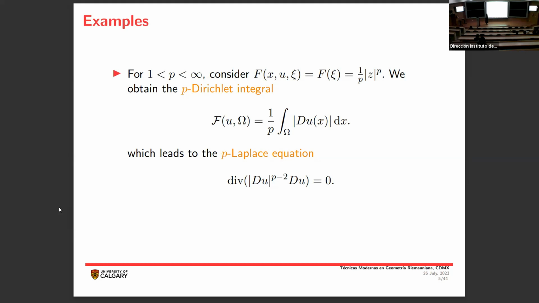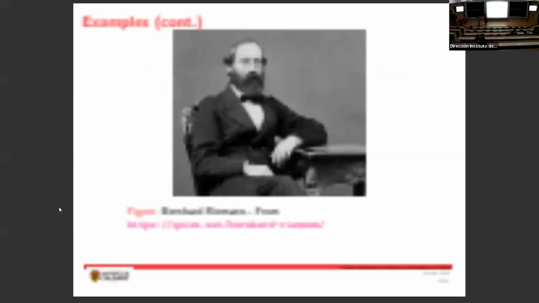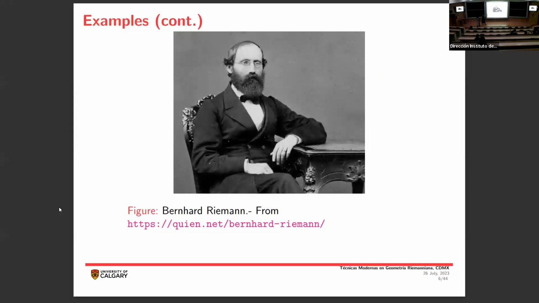So it was actually this need to look for harmonic functions that led Riemann to think of this problem in a different way. Riemann was like, what if instead of looking at the PDE, we start studying the variational formulation? So Riemann actually was the one who gave us the Dirichlet principle.